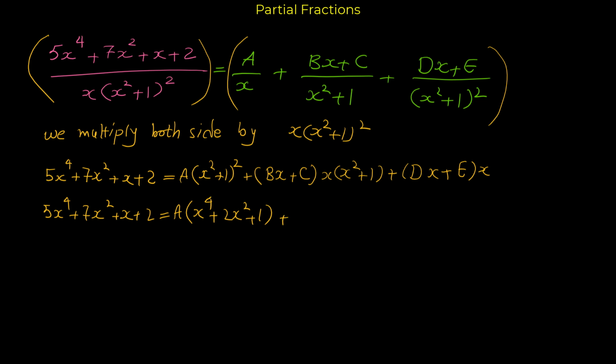When we expand the next part, we have bx^2 + cx. We multiply this in the first bracket, and we get this times (x^2 + 1). And if we multiply x in here, we have dx^2 + ex.